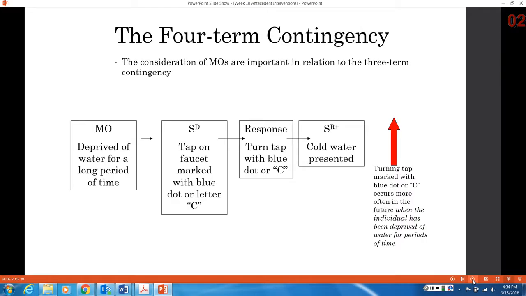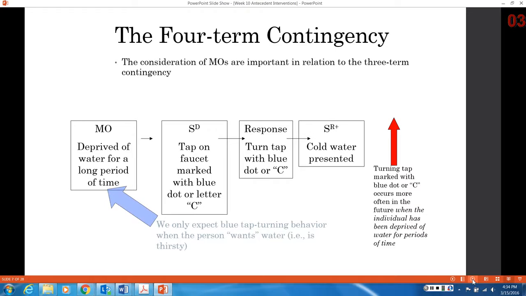Here we have a four-term contingency. The motivating operation that is in effect is that an individual is deprived of water for a long period of time. With this motivating operation in effect, the SD, which is the presence of the faucet, leads to the response, which is turning the faucet, and this leads to the consequence of water being delivered.